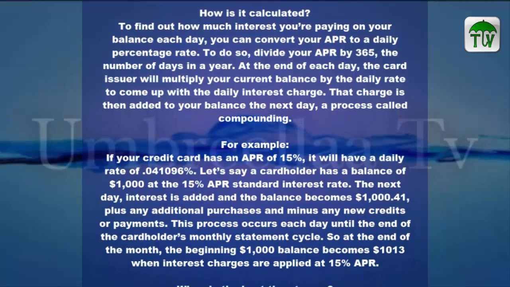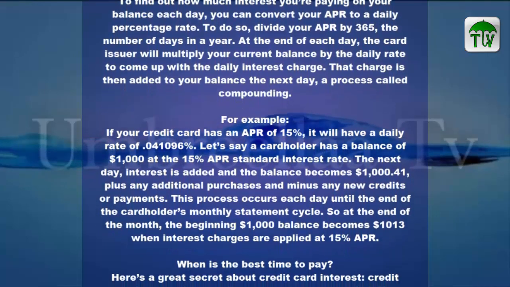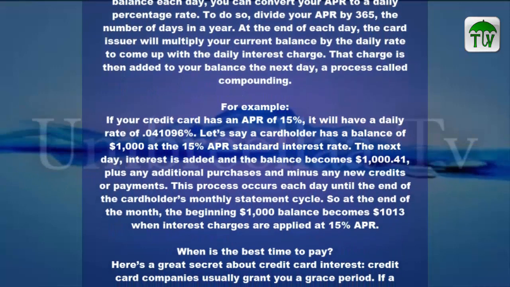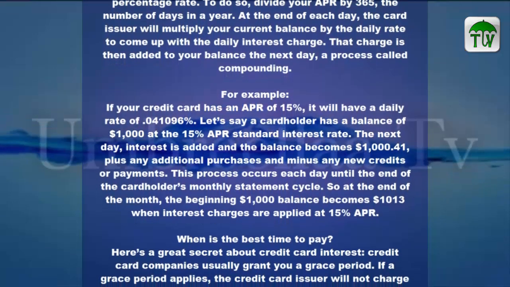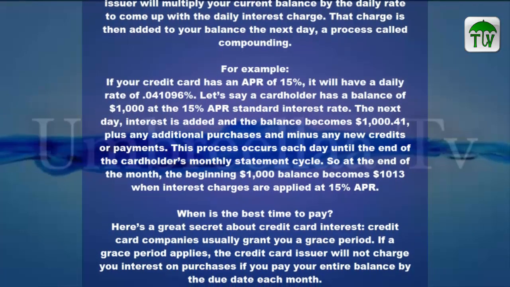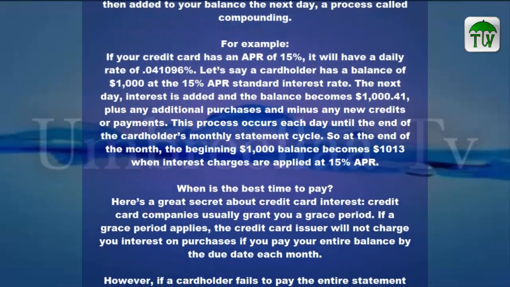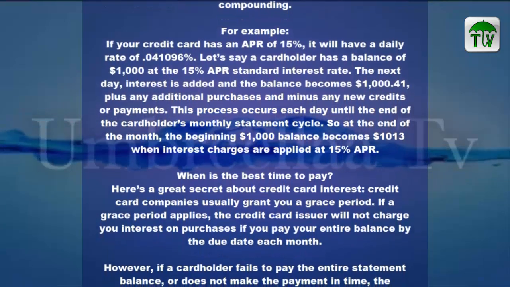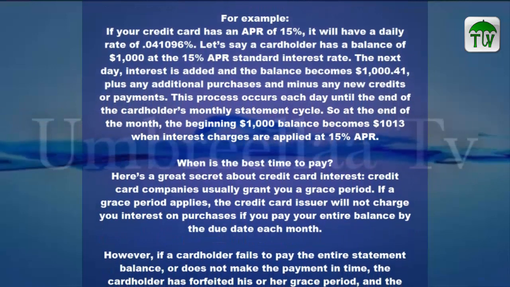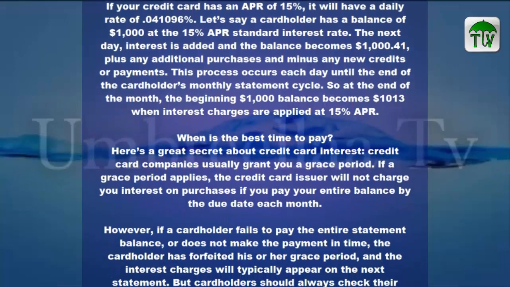For example, if your credit card has an APR of 15%, it will have a daily rate of 0.41096%. Let's say a cardholder has a balance of $1,000 at the 15% APR standard interest rate. The next day, interest is added and the balance becomes $1,000.41, plus any additional purchases and minus any new credits or payments.